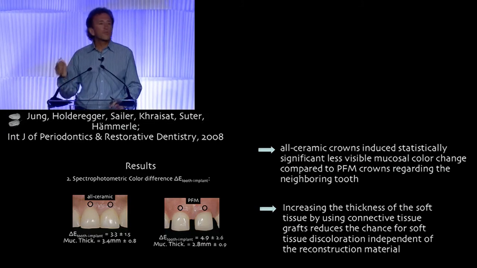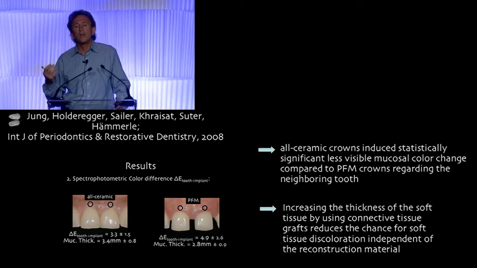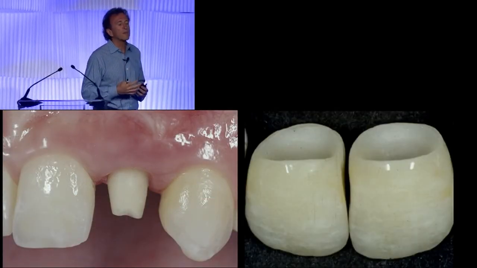So the first thing that we can tell you from an interface standpoint is, as clinicians, a ceramic abutment may not be that important if you have more than 2 millimeters of thickness. So color issues and thickness of the tissue become very, very important.